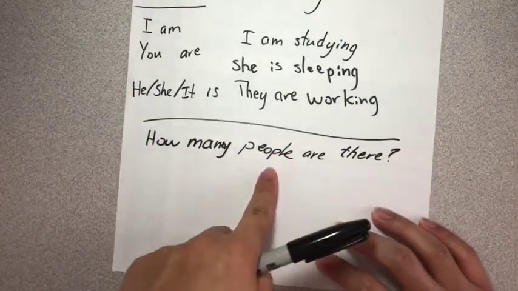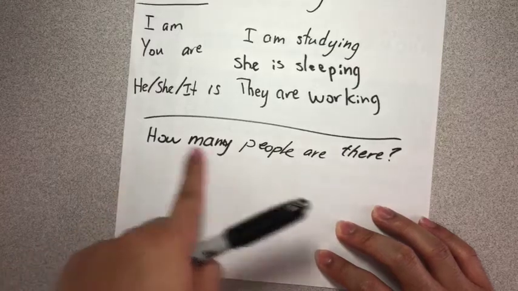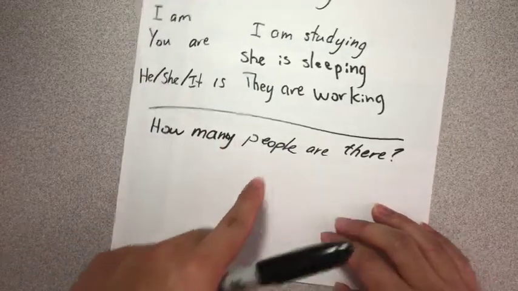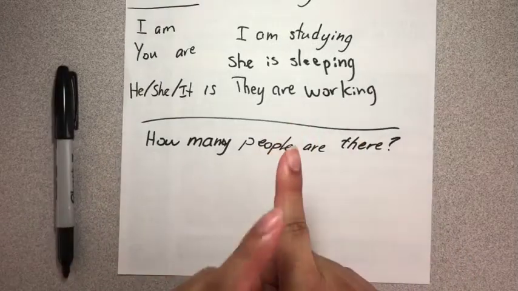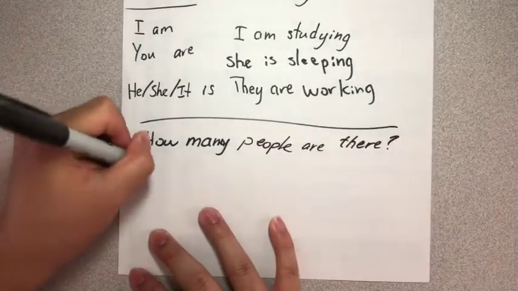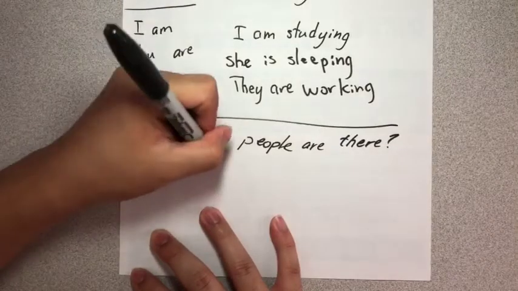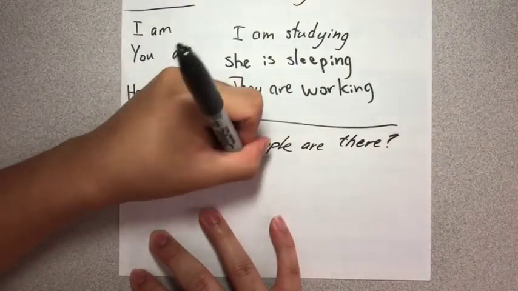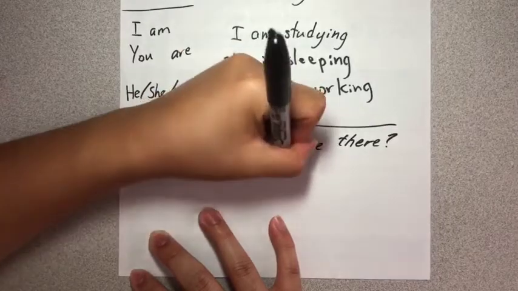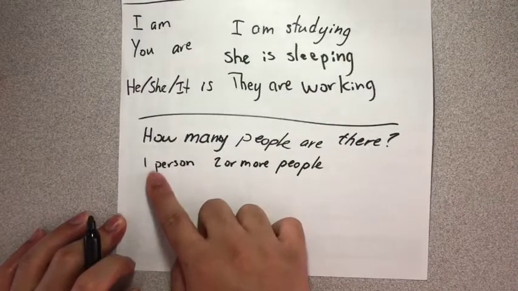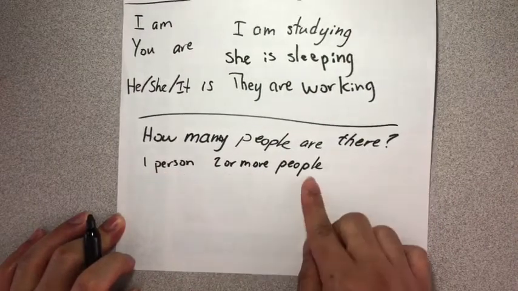So people, you can count people. So you say, how many? How many is for things you can count, and you can count people. If there's one, you say one person. If there's two or more, you say people.